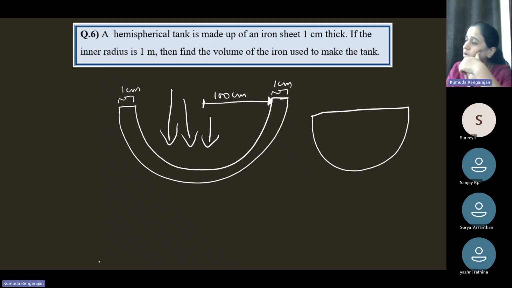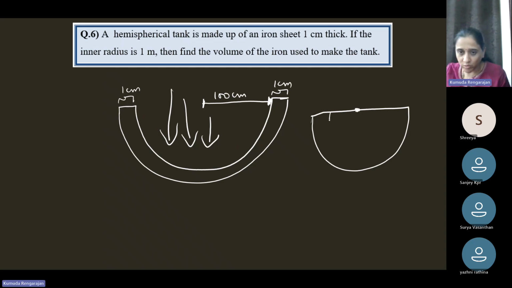Now this is that solid hemisphere. What you do is scoop out, remove a smaller hemisphere from this solid hemisphere, a hemisphere having the same center but a smaller radius.